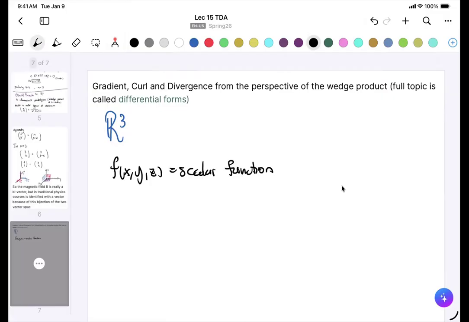That's just a fancy name, which I'm going to call df. It looks similar to the notation for differentials from calculus, but this is now called the exterior derivative of f.